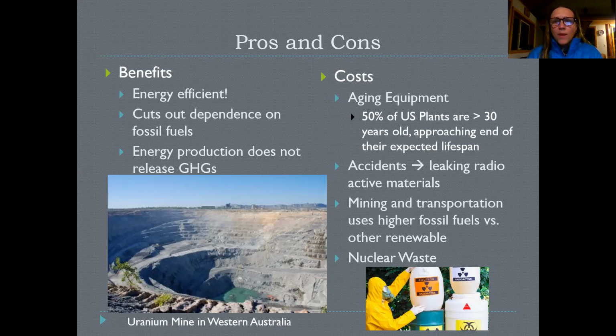Then a big one is the risk associated with different kinds of accidents that might happen. So we have some pretty infamous accidents, places like Chernobyl, and then the Fukushima power plant breakdown that happened during the big tsunami in Japan back in, let's see, I think that was 2011.